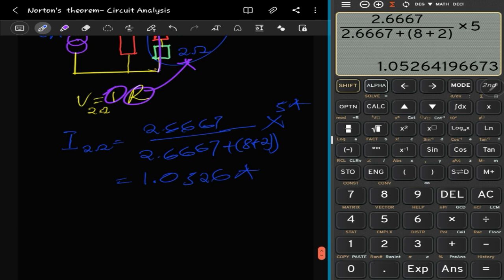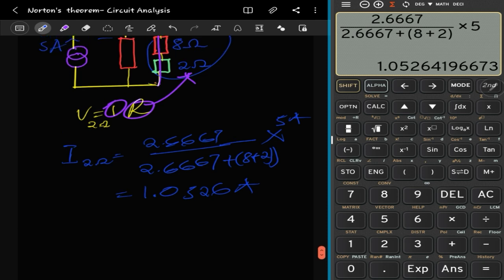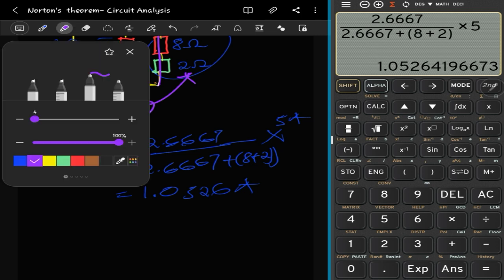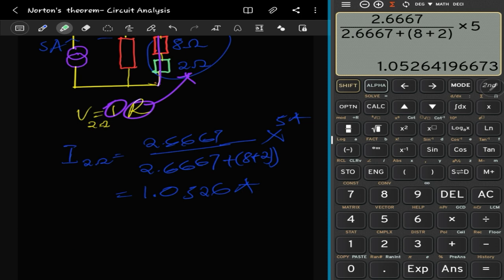So now that we have R, we have I, we should be able to find the voltage across the 2 ohms resistance, right? So V of 2 ohms. The I is what we have now, which is 1.0526 amperes, right, times the 2 ohms, right?